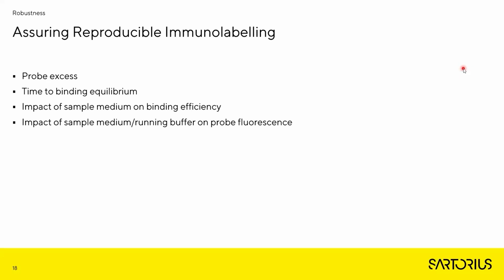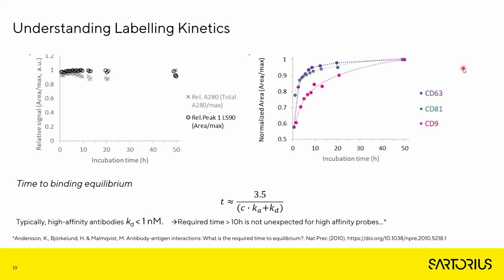So one thing that I would like to also address is the impact of the sample medium on the binding efficiency and the sample stability, as well as on probe fluorescence. One of the critical things is really understanding the labeling kinetics.